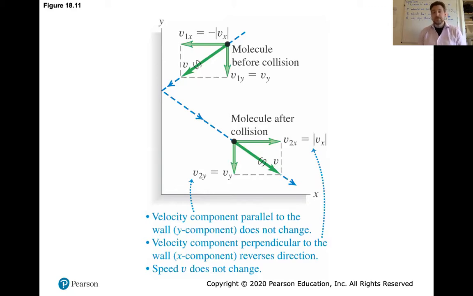Now, a molecule has a speed, and it's traveling in some direction, and there's some x, some y, some z components.